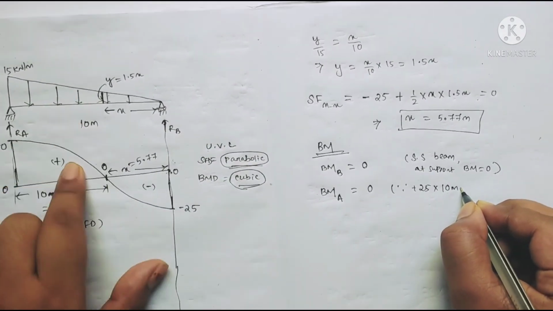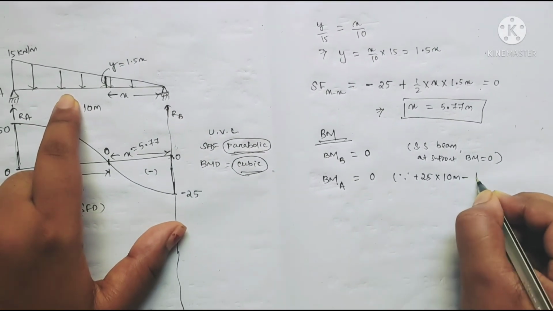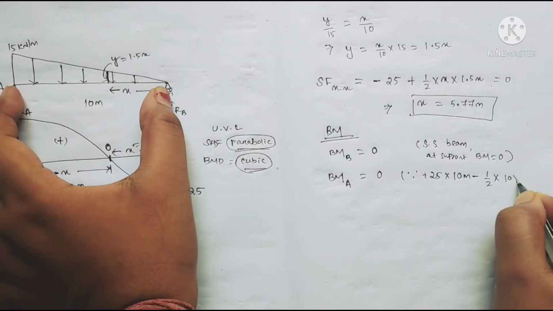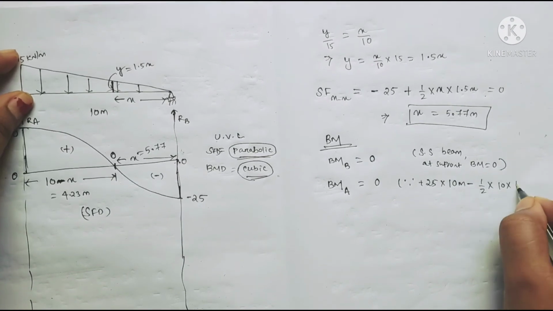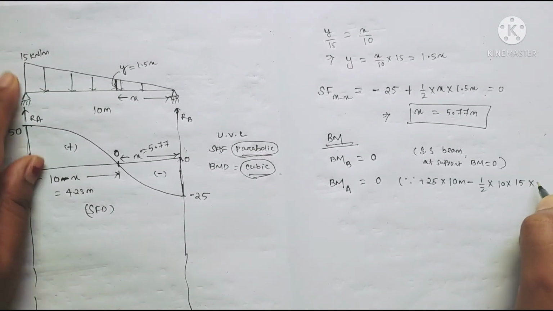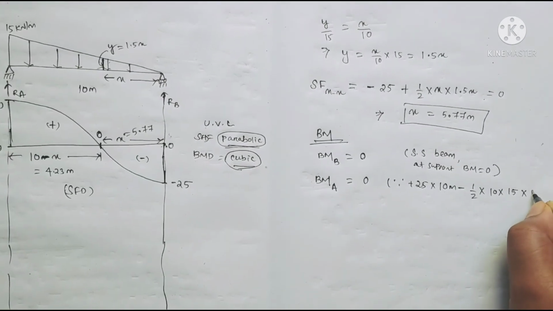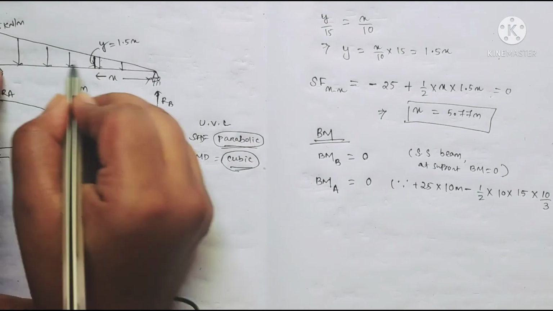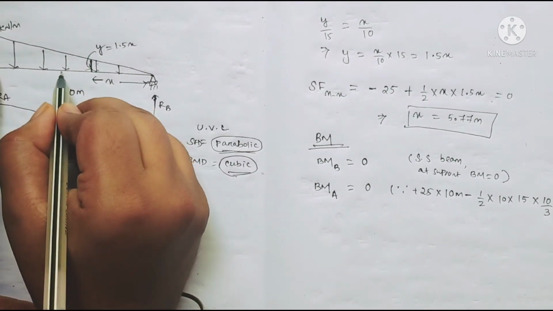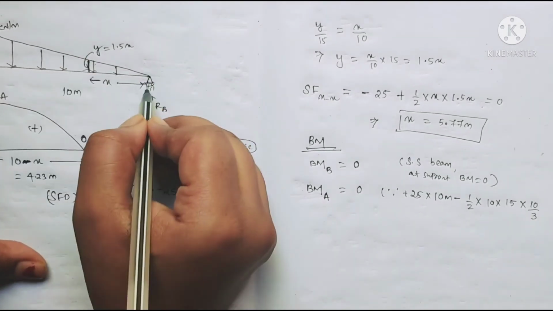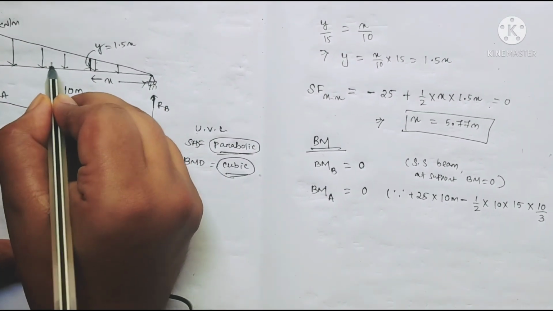The loading will be a downward force, so minus half into base into height. The height will be 15, into 10 by 3. This force acts at its CG, and from point A the CG of the triangle is situated at h by 3 distance.